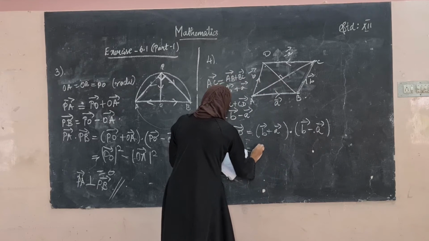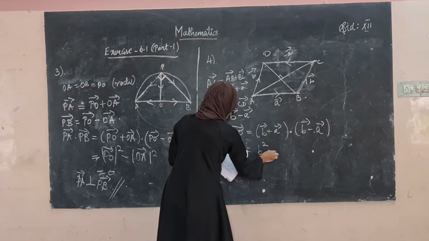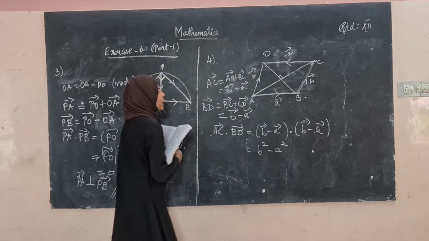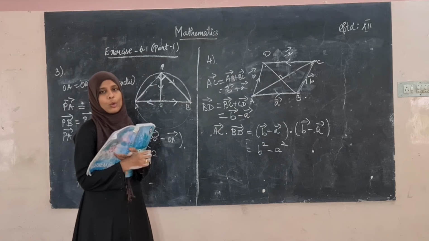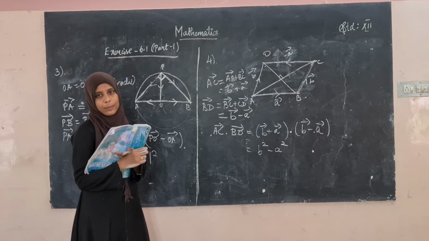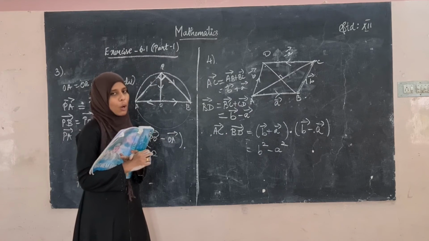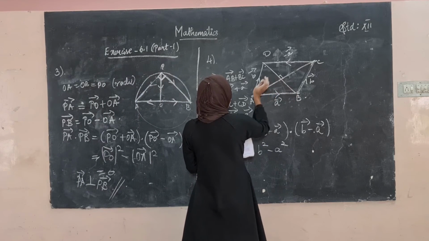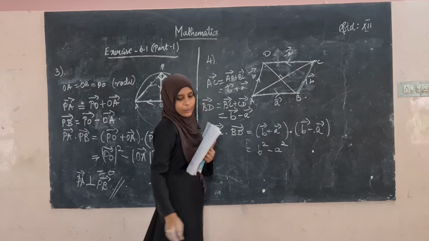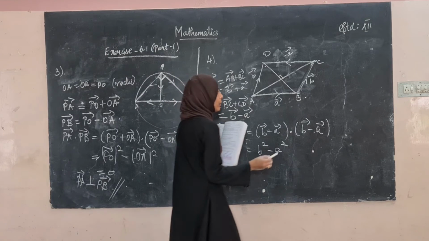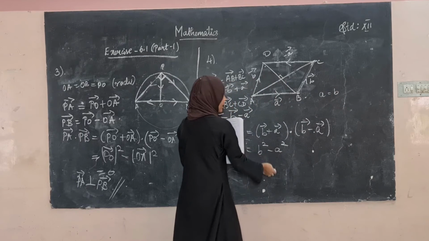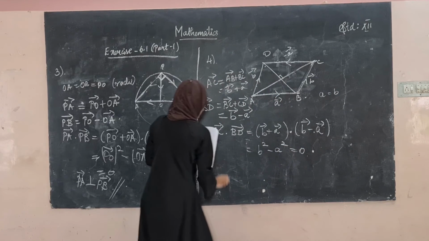It becomes B square minus A square. We know that for a rhombus all the four sides are equal. Therefore, the length A and B will be equal. I am not telling about the vector, I am telling about the length. A will be equal to B. See here, B square minus A square becomes 0.